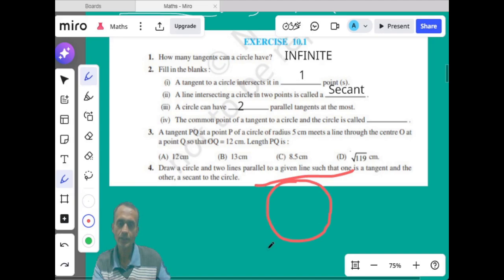And we will get only one more line which will be tangent to this circle, because the other parallel lines intersect the circle at more than one point, so we can have at most only two parallel tangents. The common point of a tangent to a circle and the circle is called the point of contact.